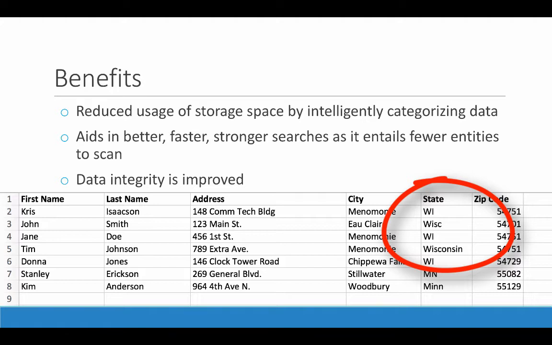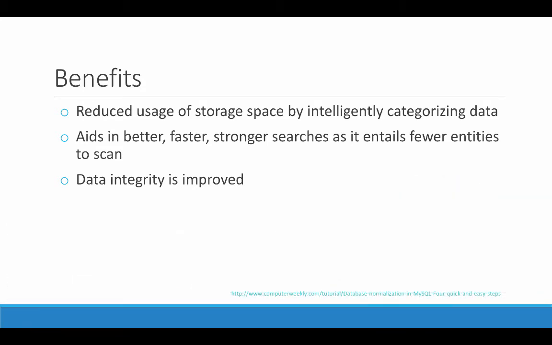Well, that's going to degrade that data integrity, because what if I do a search for Wisconsin and some of them don't come up because they don't quite match the search criteria even though they are Wisconsin? So by storing everything in the same table within our database one time and one way, it's going to improve our data integrity.